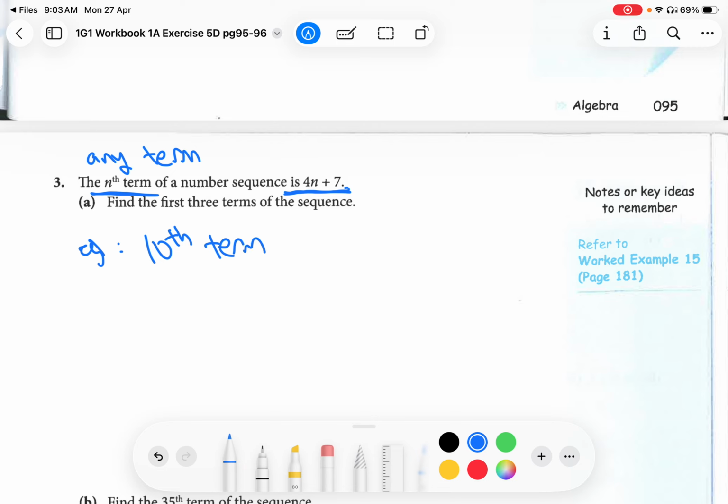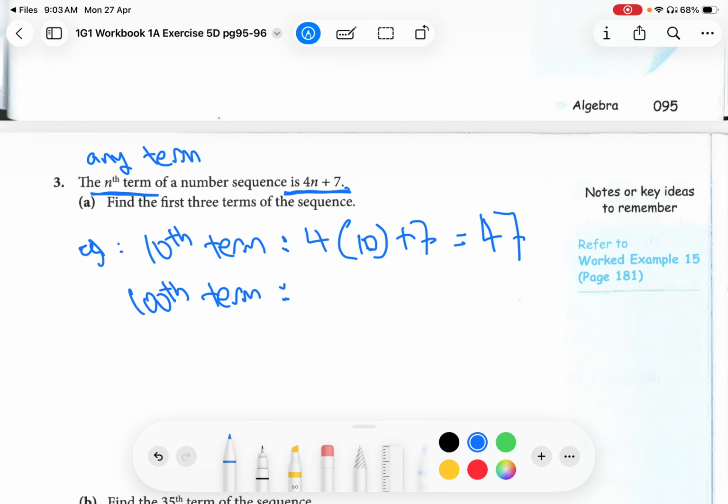The 10th term is 4 times 10 plus 7. With the calculator, you press and get 47. What is the 100th term? The 100th term for this sequence is 4 times 100 plus 7, which is 407. That's what it means. Any term of the sequence follows this formula, 4n plus 7. Then I substitute any number for n into it, and it will give me the term.